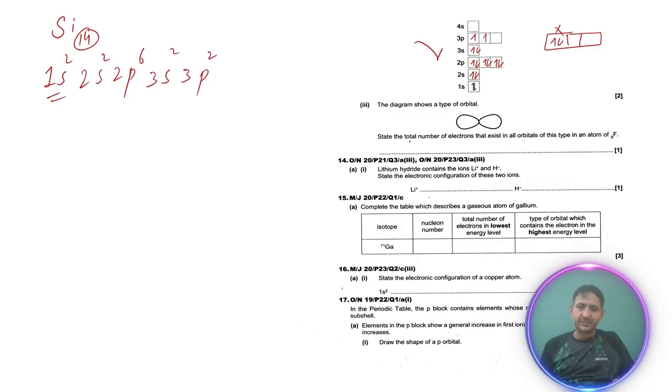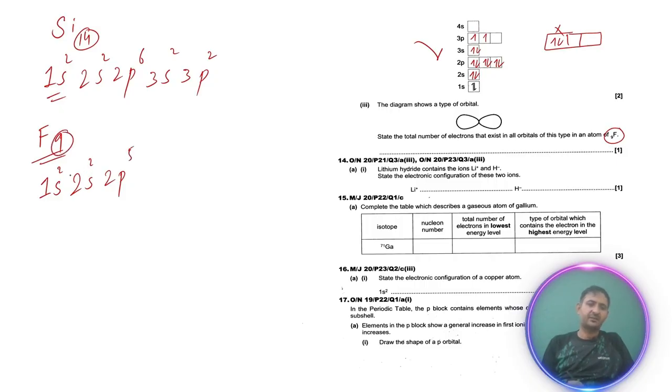Okay. State the total number of electrons that exist in all orbitals of this type in an atom of F, fluorine, 9. So 1s2, 2s2, 2p5. Okay, because it's 9: 5 plus 2 is 7, and 2 is 9.